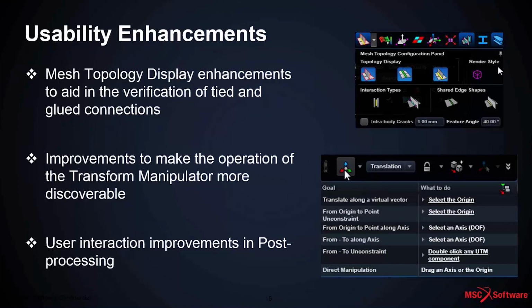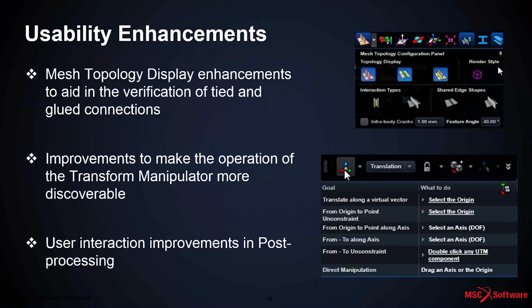It has always sort of depended on that you might know what's next. Okay, there was some help for that, but a lot of people kind of struggle to see what to do next. So we've actually added some additional dialogue here to help you know what to do next, and I think you're going to find that you're really going to be able to leverage the transform manipulator much, much more in the work that you do in Apex.